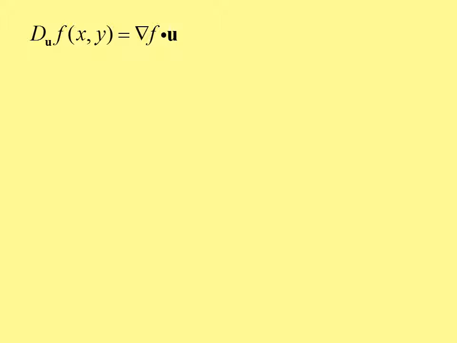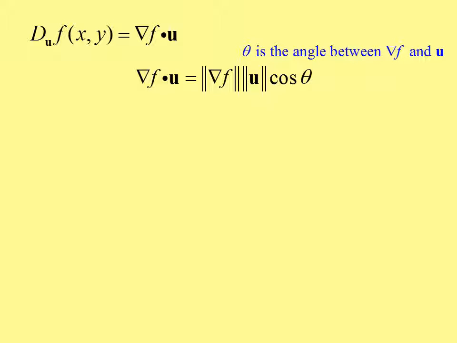Now there's some interesting ramifications from this definition of directional derivative also. The angle between grad f and u, if we call that theta, tells us that we could write our dot product as the magnitude of the grad of f times the magnitude of u times the cosine of theta. Well, remember, u is a unit vector, so the magnitude of u is 1.